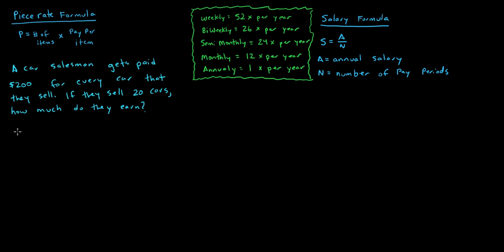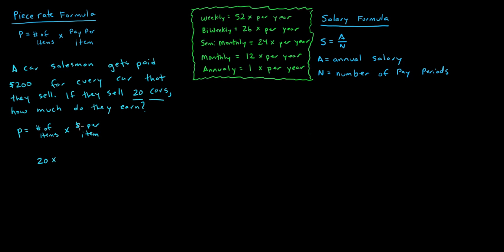Well, again, it's P equals the number of items, in this case, the number of cars, times the pay per item. So here, the number of items would be 20 cars, right?